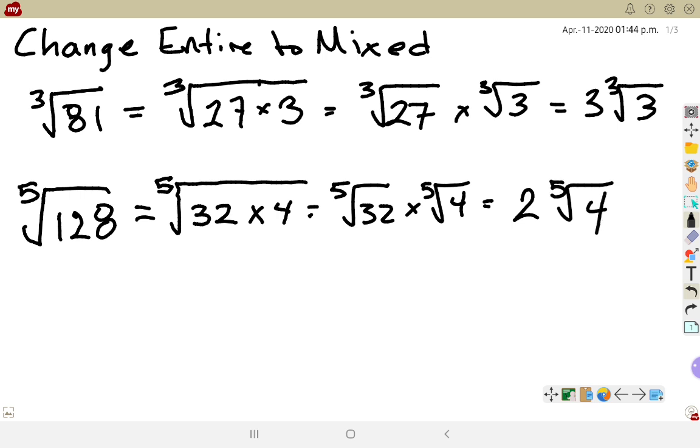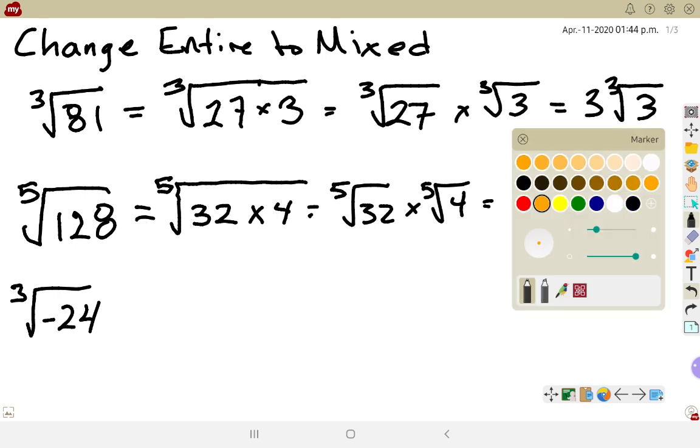Now, one interesting thing that we can do with these that we couldn't do when we're taking the square root of something is that I might have a negative as part of my radicand. I'm allowed to have a negative under the radical sign so long as my index is odd.